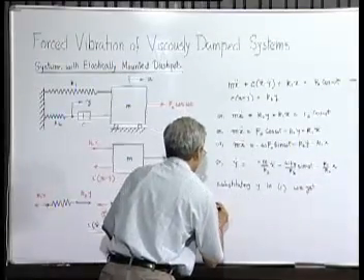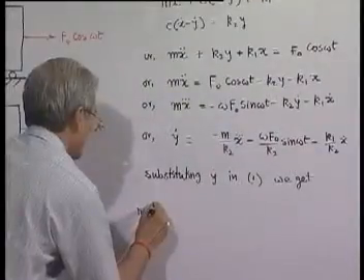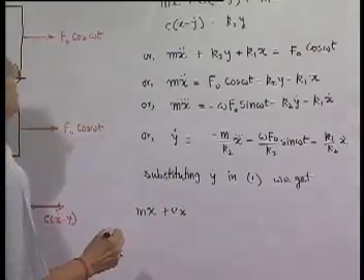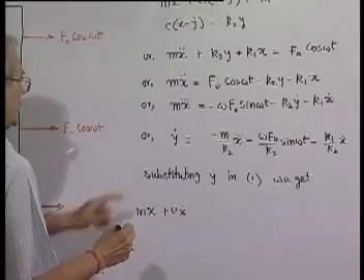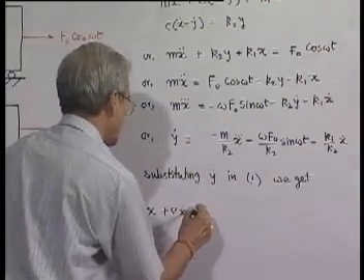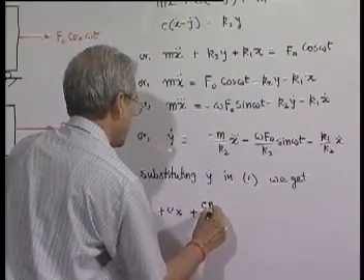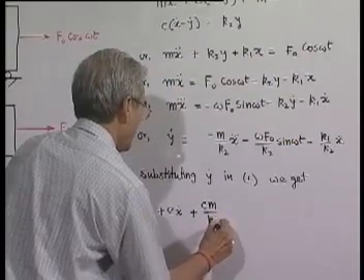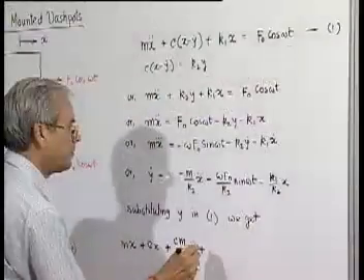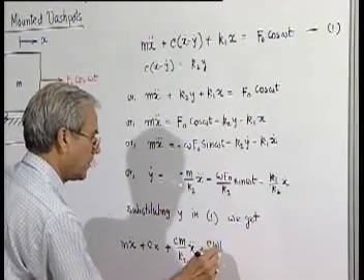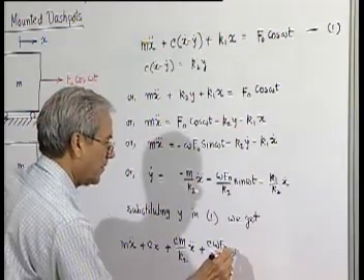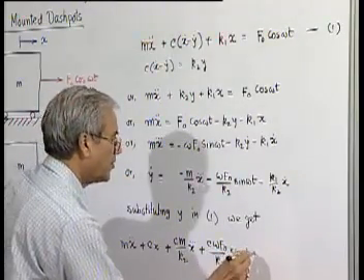So, it will be m x double dot plus C x dot minus C y dot. So, we have to multiply by minus 1 and C. So, it becomes plus, this also will be plus, this will be also plus.